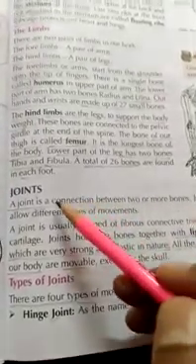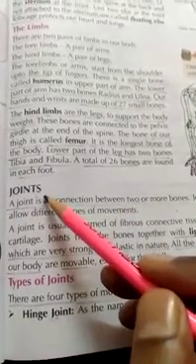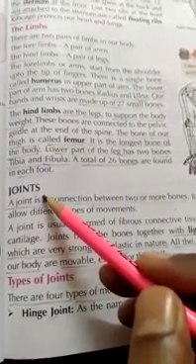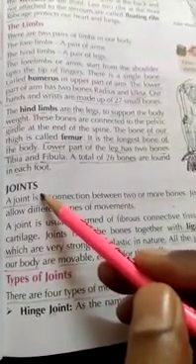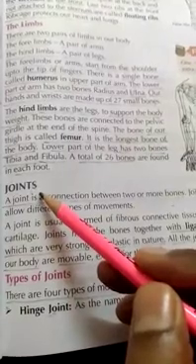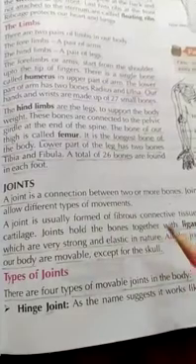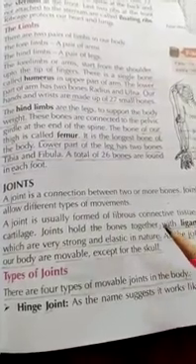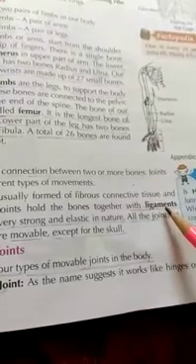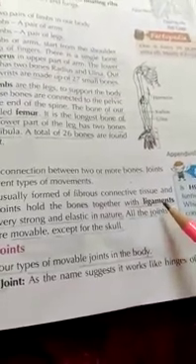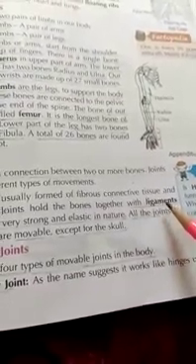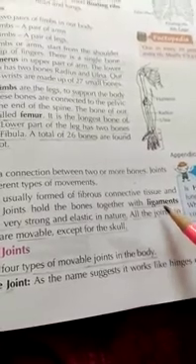A place where a bone is connected to another bone is called a joint. Two bones are joined and held together with the help of tough fibrous tissues called ligaments. Ligaments are the tough fibrous tissues which help the two bones to join together.